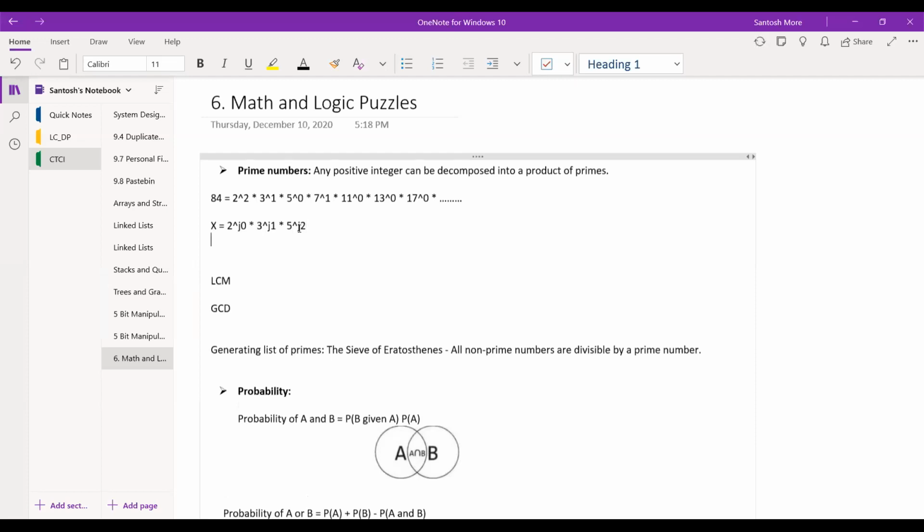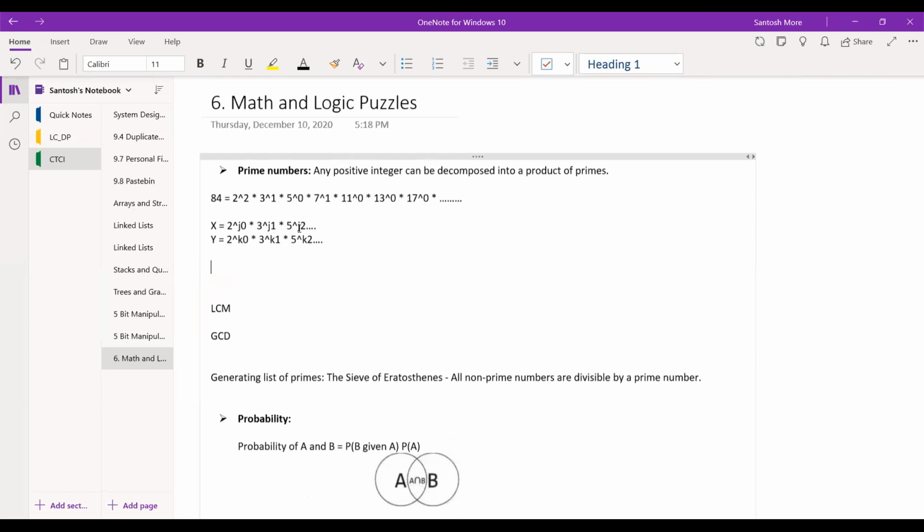And if you have another variable y, equal to 2 raised to k0, multiplied by 3 raised to k1, and 5 raised to k2, and so on.